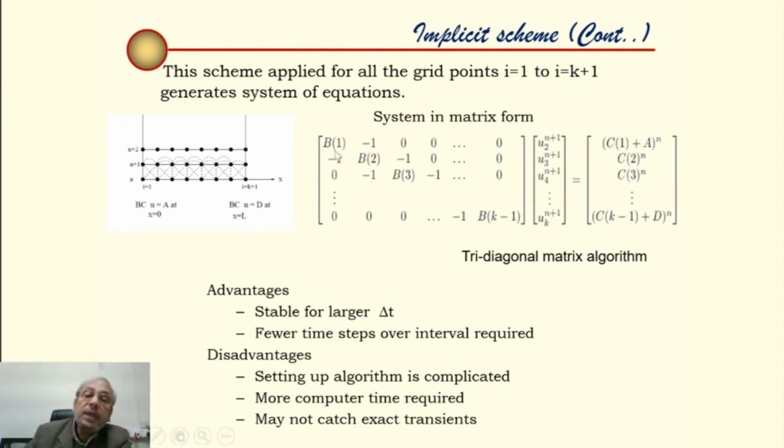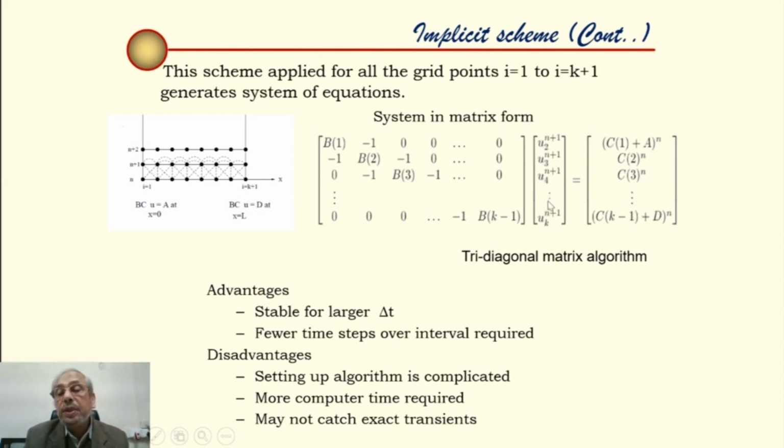So here we get a matrix where the principal diagonal, the immediate subdiagonal and the immediate superdiagonal are present, this is the column of unknown quantities, and this is the known right hand side column matrix. And this, as I said, can be very easily inverted.